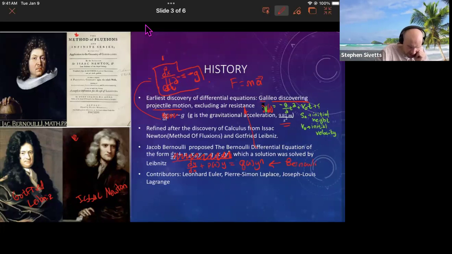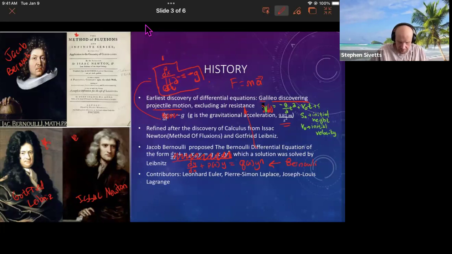It was proposed by Jacob Bernoulli, the person on the upper left. He was the first to propose this equation, and it was actually solved by Leibniz. We'll go over the solution to a Bernoulli differential equation soon.